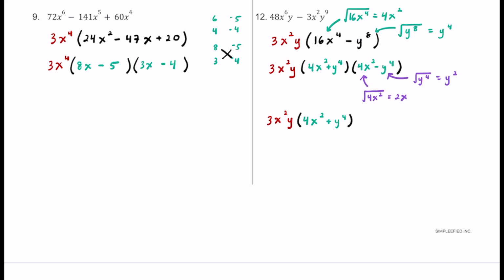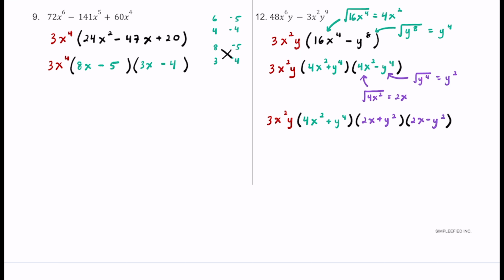We go ahead and close that off. That's a binomial. And then if we're going to go ahead and factor this into a difference of squares one more time, then the square roots, we're going to have the sum of them, so maybe 2x plus y squared multiplied by the difference of them, 2x minus y squared. All right, so this is done, this is done, this is done, and we can't do this again just because y squared is a perfect square, but 2x is not. Okay, so this is factored completely now.